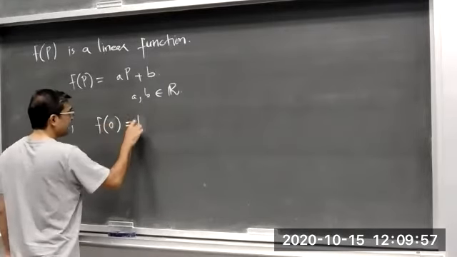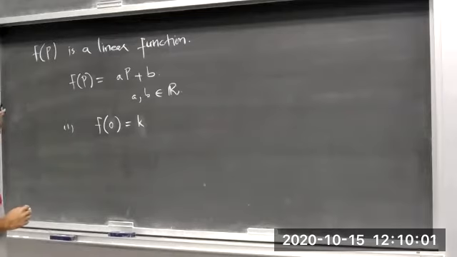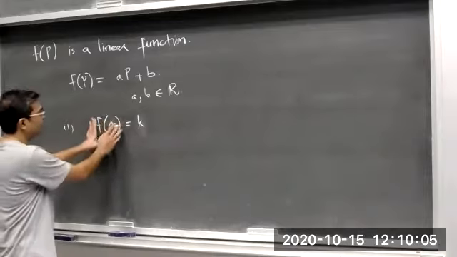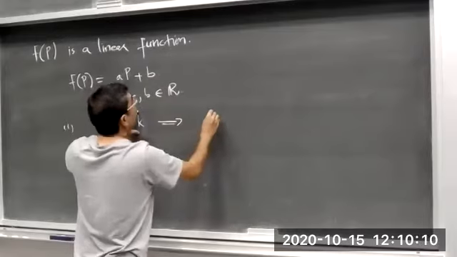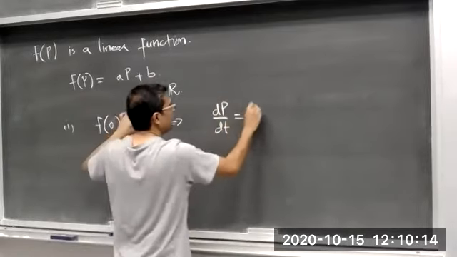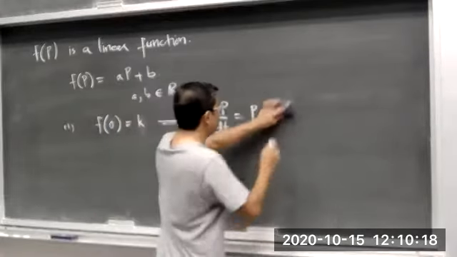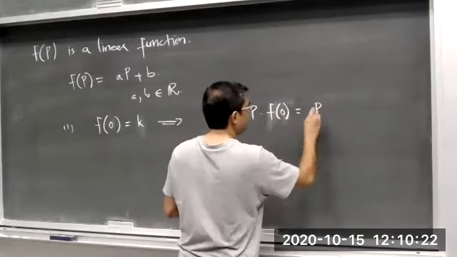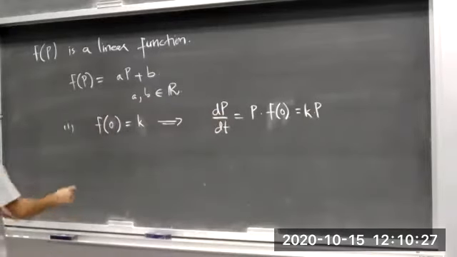F of 0 is k means that when we have 0 here, this function becomes the constant, and we must obtain the previous model dp by dt equal to p times f of 0, which gives us k times p, again the original model without any restriction.